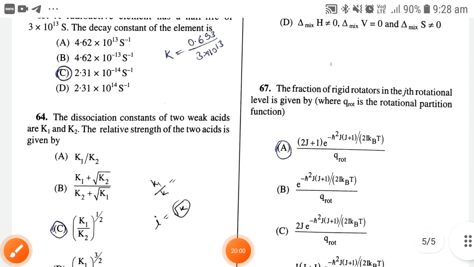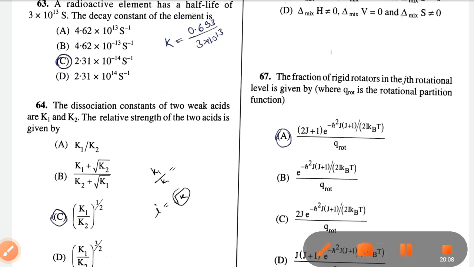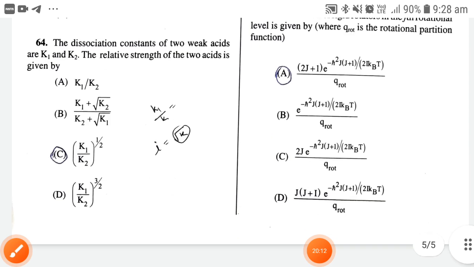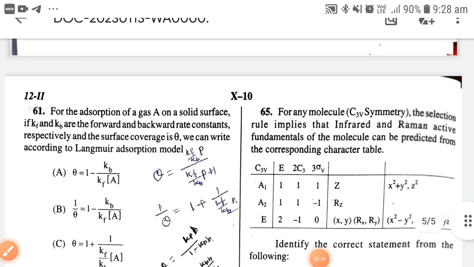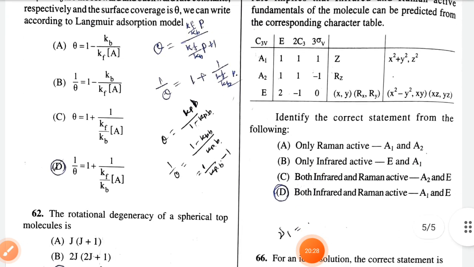Next, the dissociation constants of two weak acids are K1 and K2. The relative strength of the two acids is given by option C, which is the correct answer. Next, 65. For any molecule of C3v point group, the selection rule implies that infrared and Raman active fundamentals of the molecule can be predicted from the corresponding character table. Here the character table is given.